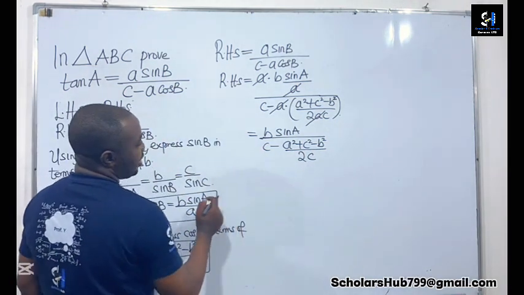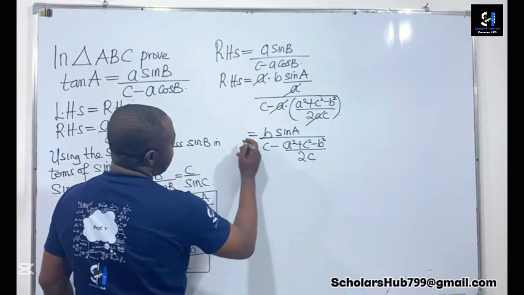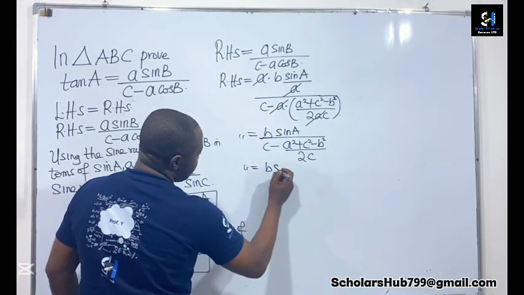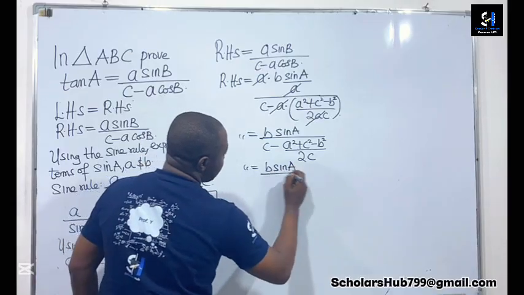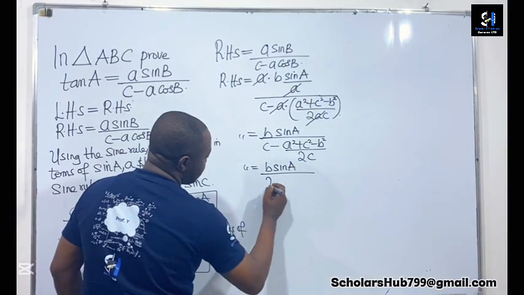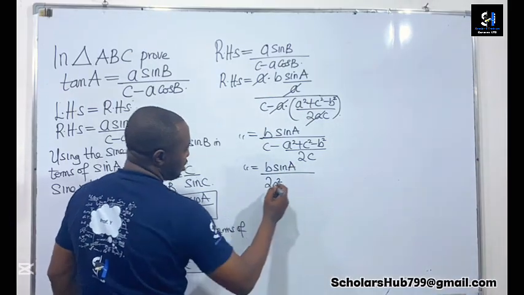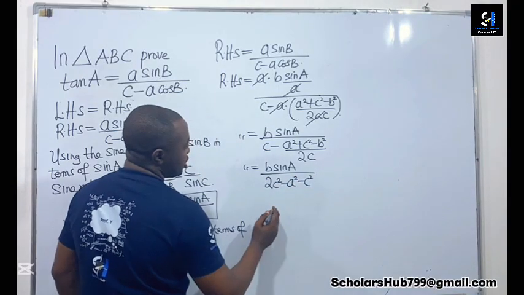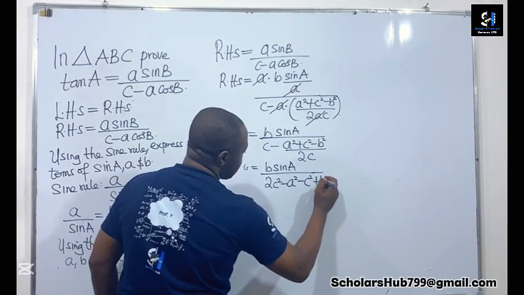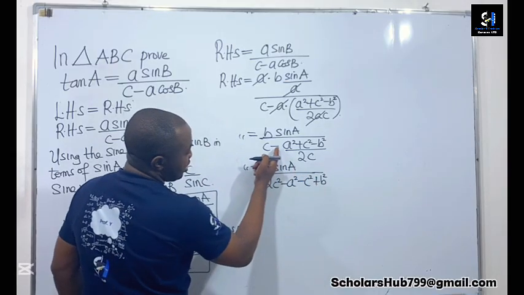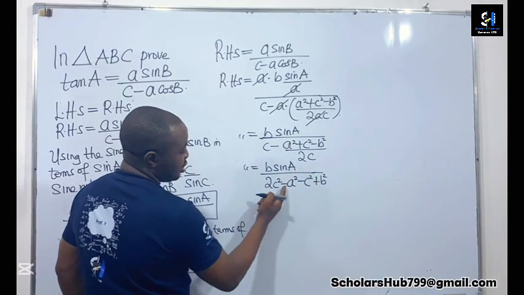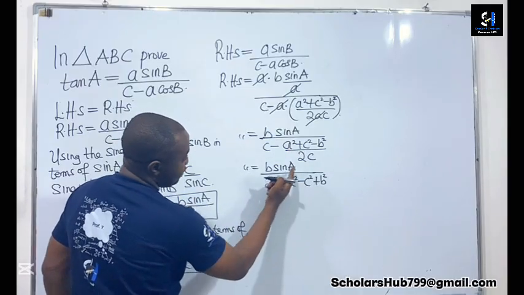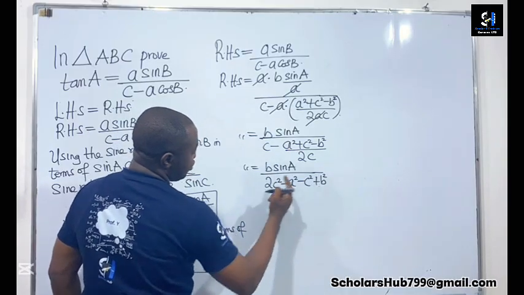Now I can simplify the denominator. The numerator is b sin A divided by 2c times c, which is 2c squared, minus a squared minus c squared, then plus b squared. Negative times positive is negative, and negative times negative is positive.